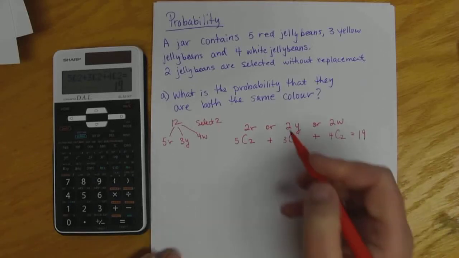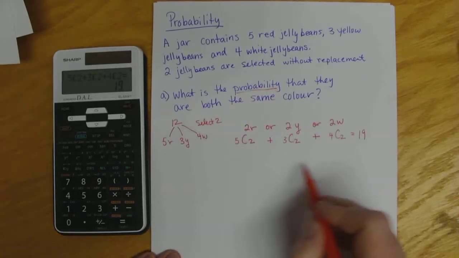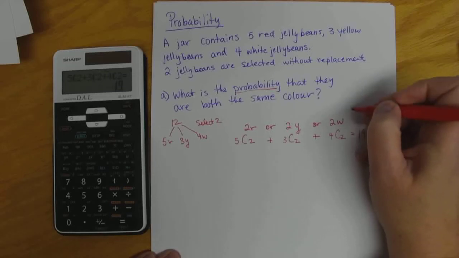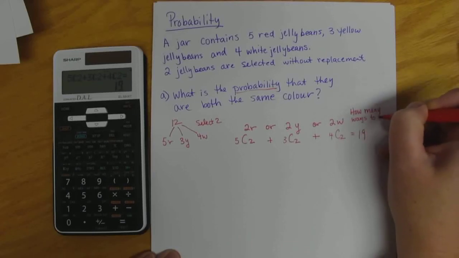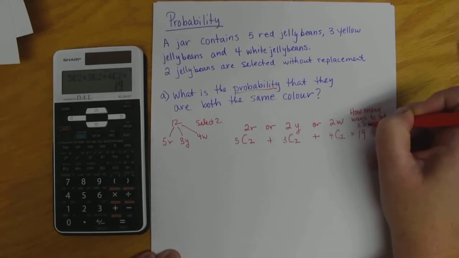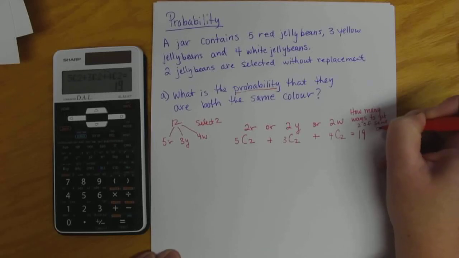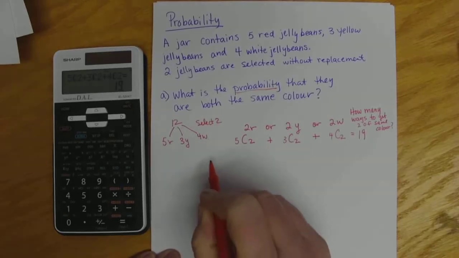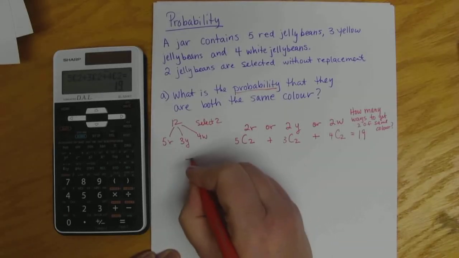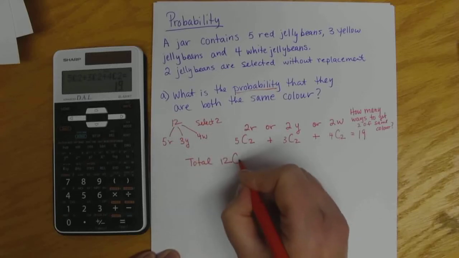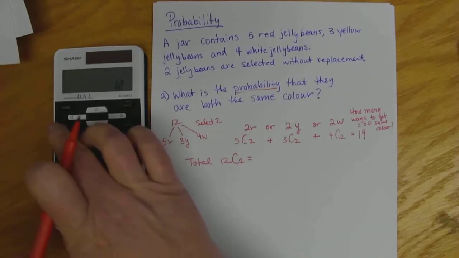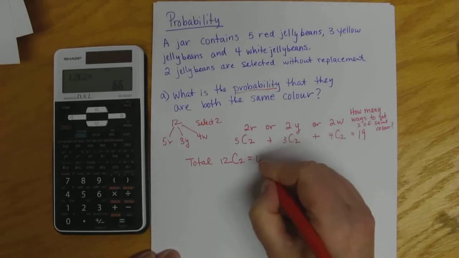Now, this is asking for probability. So this is how many ways we can get 2 of the same color. But for probability, so that's 19, we want to divide that by the total. So the total is out of 12 jelly beans, we want 2 in any order. 66.